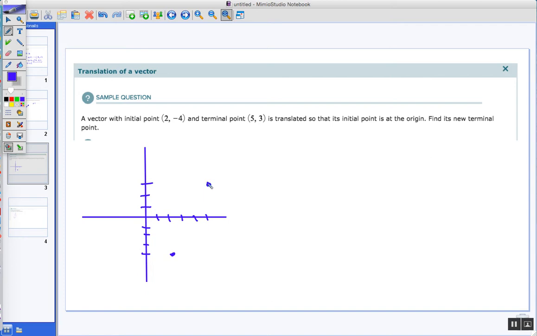So there's our terminal point (5, 3). So there's our vector. And it's translated so that its initial point is now at the origin. Find its new terminal point.